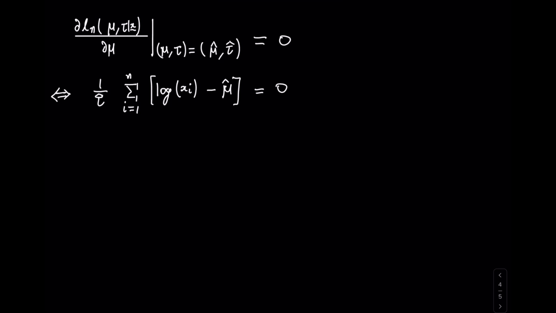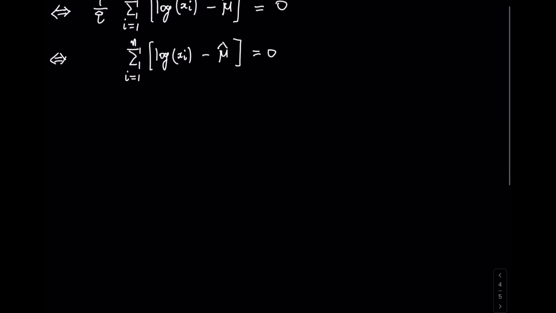Then our next step is to recognize that the tau at the front doesn't actually matter. We can multiply both sides by tau and still be left with the sum, i equals 1 to n, of (log xi minus mu hat) equals 0.